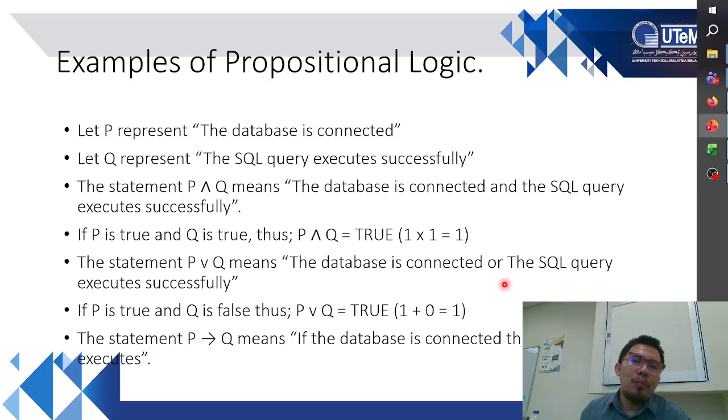And then the statement P then Q, the arrow means then: if the database is connected, then the query executes.